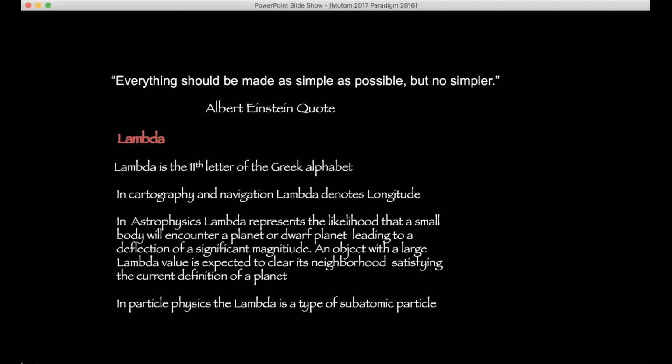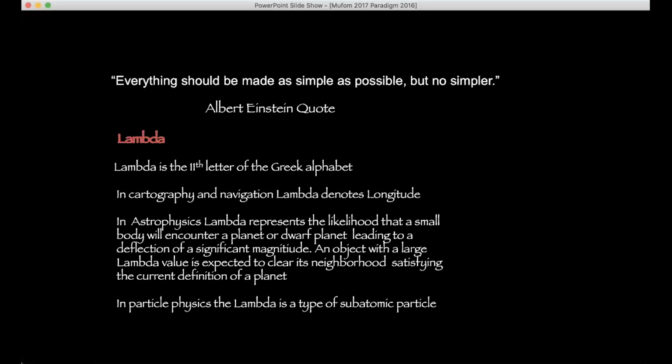An object with a large lambda value is expected to clear its neighborhood, satisfying the current definition of a planet. And in particle physics, the lambda is a type of subatomic particle. So this is what Plato was referring us to as the lambda in this sequence.